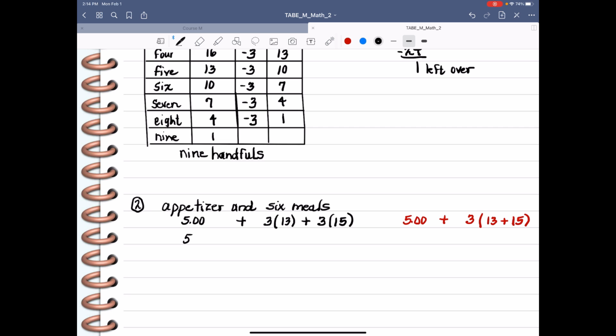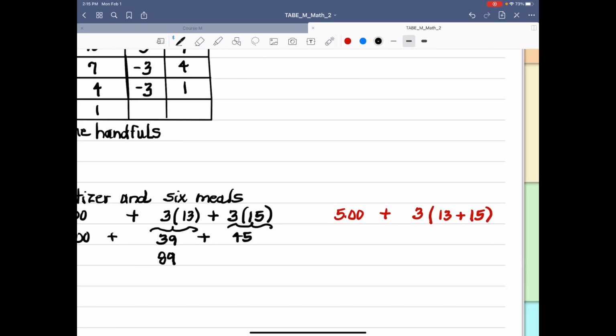So $5 plus 3 times 13 is 39, and 3 times 15 is 45. And then using my calculator, I can just add this up down the line, and that would give me a total of $89. So let's try it this way.